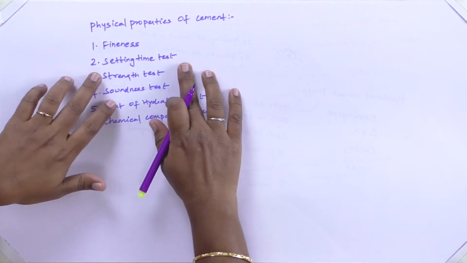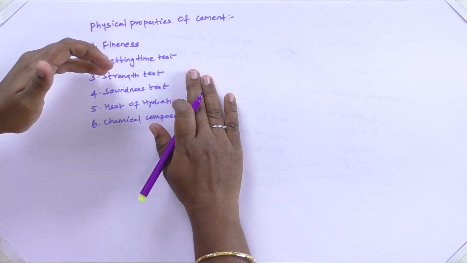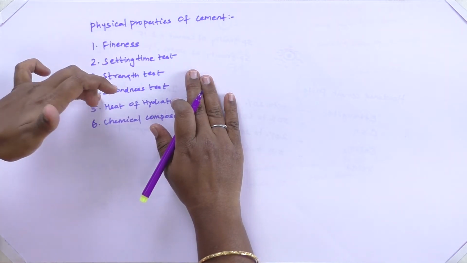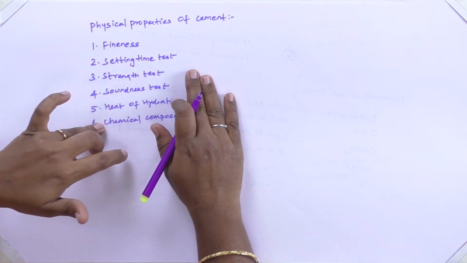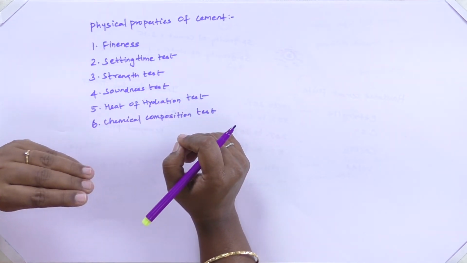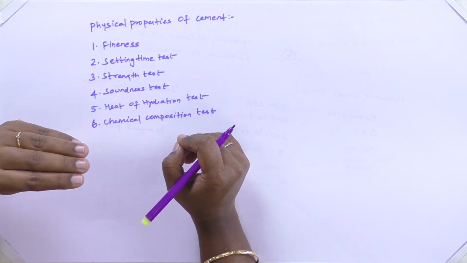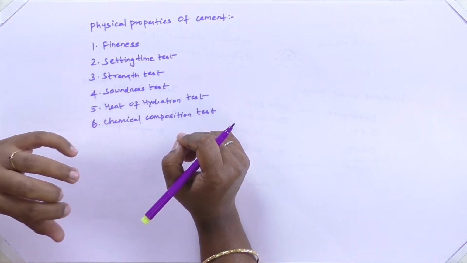Next, the setting time test. Before proceeding to the setting time, strength, soundness and heat of hydration tests, we should know about consistency. Consistency is nothing but the minimum amount of water required for a cement to proceed with a hydration reaction.